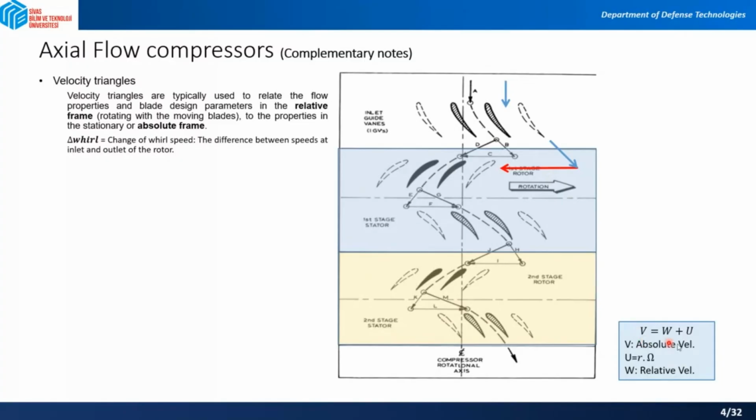And as we had mentioned in here, you have absolute velocity, you have the relative velocity, and this u is the peripheral velocity, or this red one in here. So this is actually your relative velocity in here.